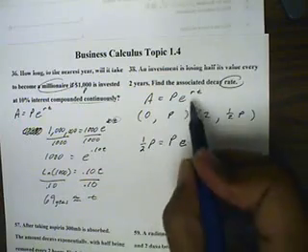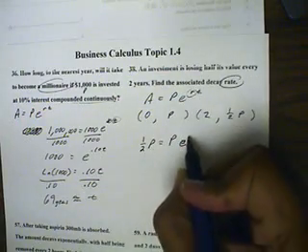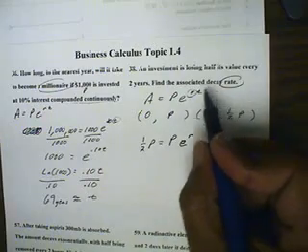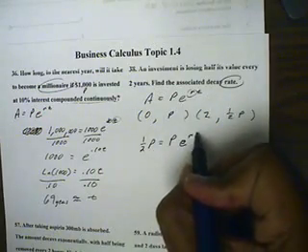This will still be e. The rate we're looking for, we don't know that rate. But we know it's going to happen in 2 years, so t will be 2.